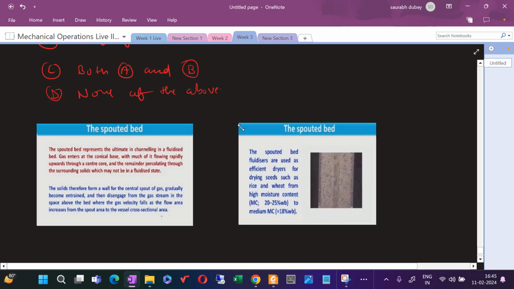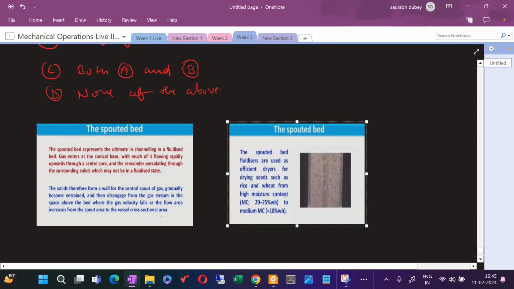That is one application you should remember.